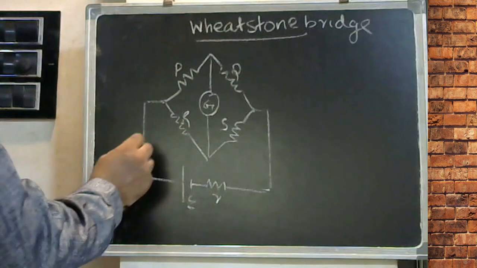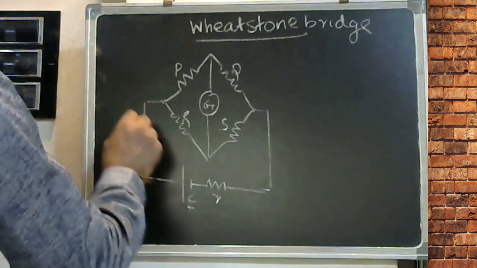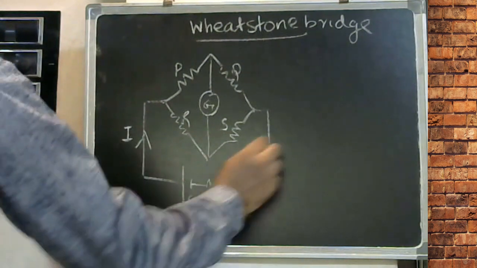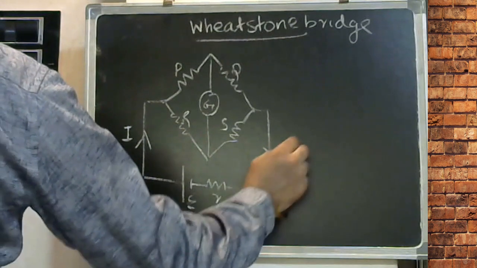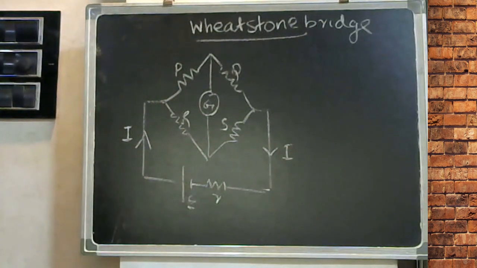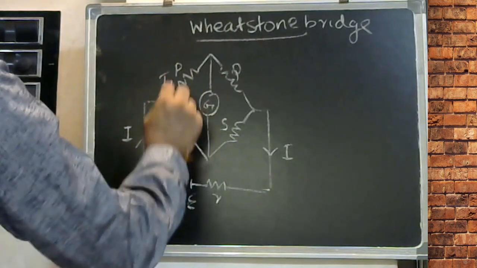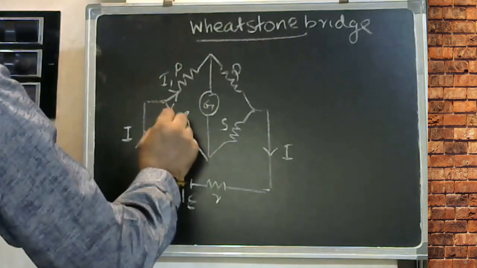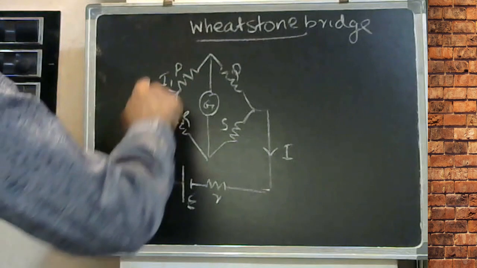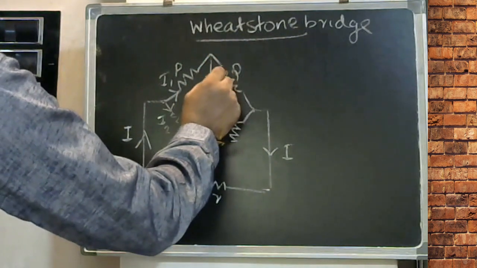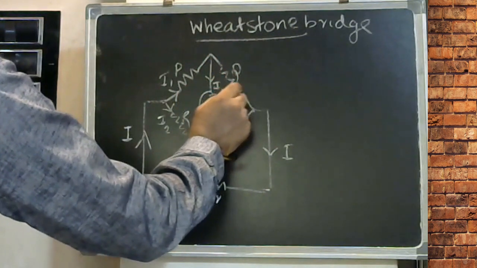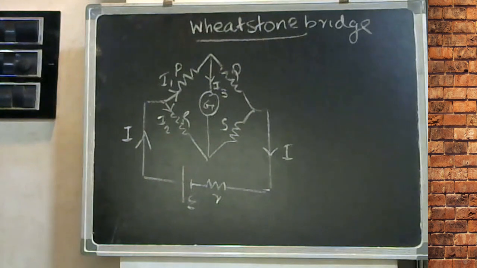How does the current flow, how do we draw the current? The current from here will be I. I has to come back, so always see to it that the current is the same. This I branches into 2 parts, I1 and I2. I1 branches into 2 parts, I3 and I1 minus I3. Don't put I4, only 3 unknown currents are possible.